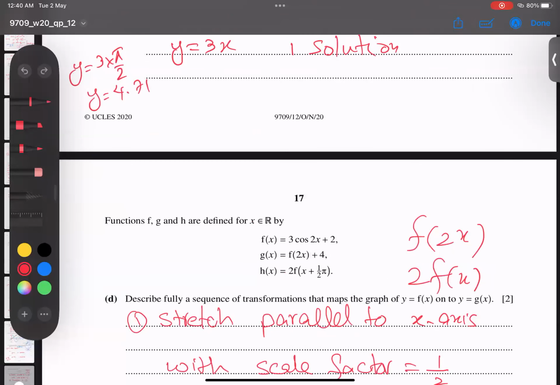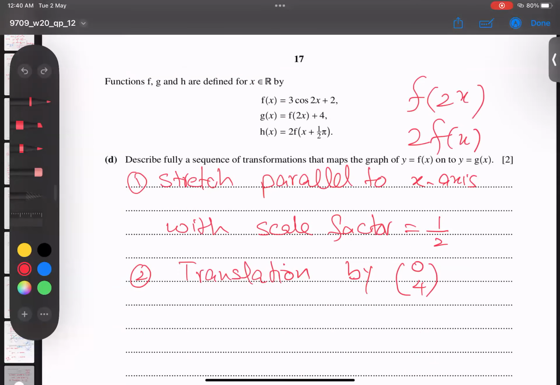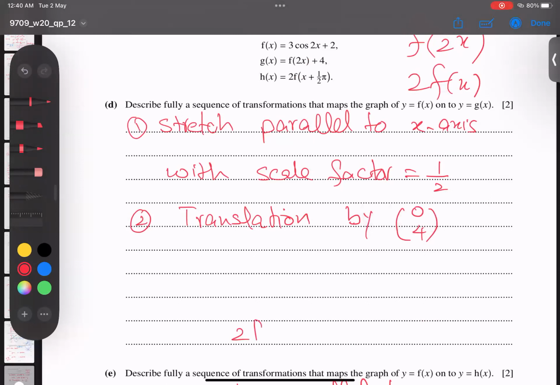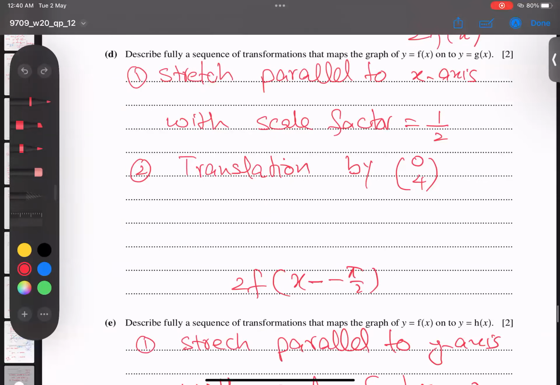And what is this number inside? For your knowledge, I will make a change here: 2f(x minus pi by 2). You can ask why you wrote this minus, sir. I said before, this is a fixed negative sign, and positive goes to the right side, and this is called negative.